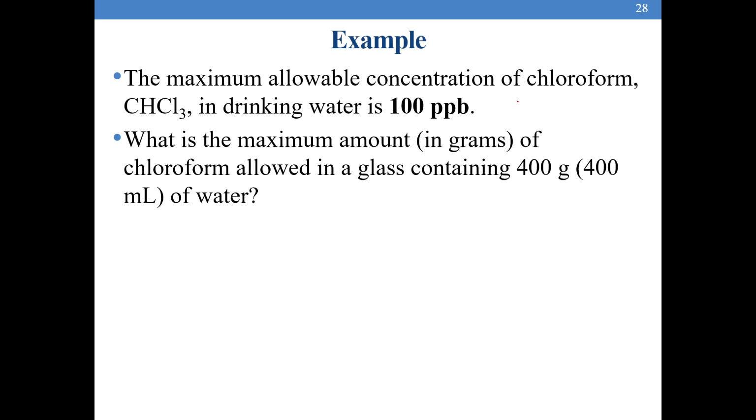It is known that the maximum amount of chloroform, which is this formula here, in drinking water is published, probably by the Environmental Health Agency or something like that, to be 100 parts per billion. If you have drinking water with more than that in it, chloroform's not good. And if you're wondering what chloroform is, a couple hundred years ago this is what they used to knock people out for surgery, like in anesthesia. But this is also the same bottles that they used to knock out King Kong.